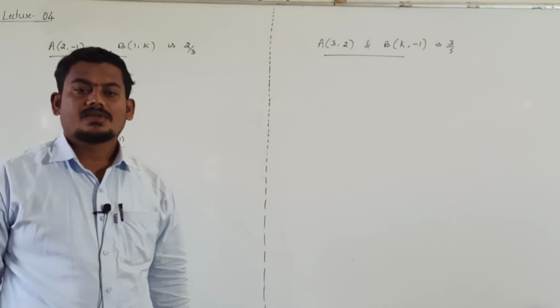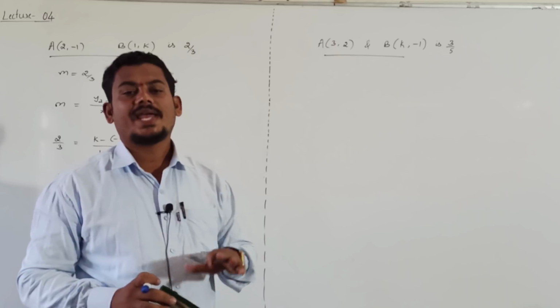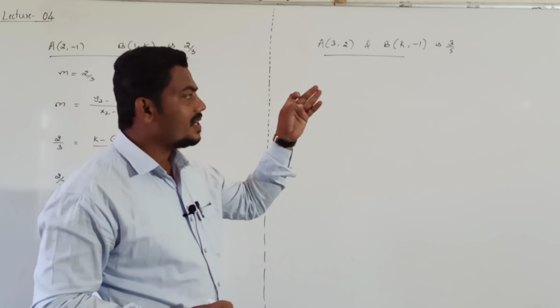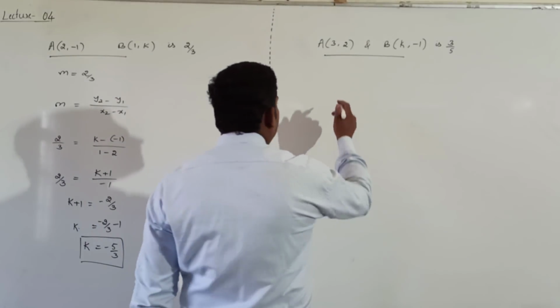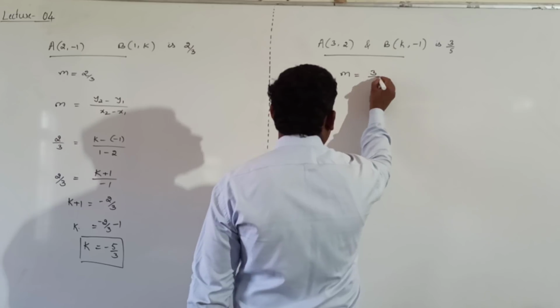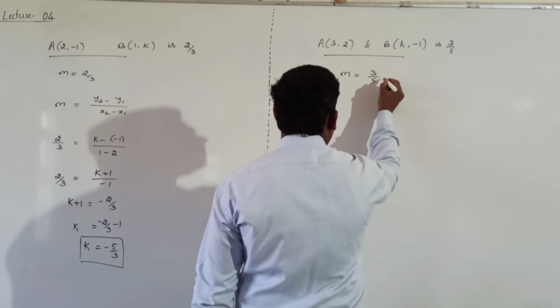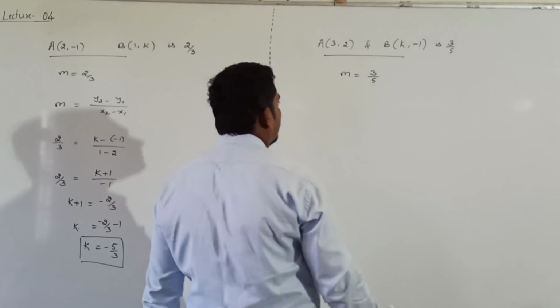The slope of the line passing through A and B is given, that is 3 divided by 5. Then what is the possible value of k, right? m is equal to 3 divided by 5, the slope of AB they have given.